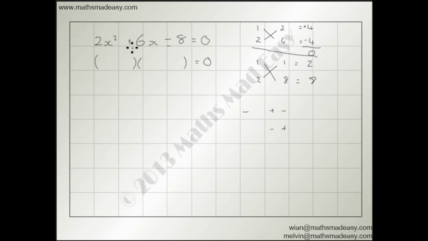Since we've got a positive over here, we know the largest number will be the positive, and in this case it's the 8. So this one will be a positive and this one will be a negative. If we find the sum of this, we will equate to negative 2 plus 8 will give us positive 6. Positive 6 is the same as our integer over here. So this is the table we will be using.